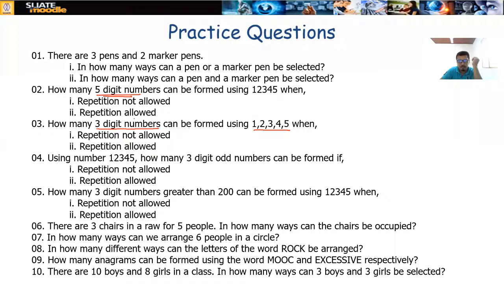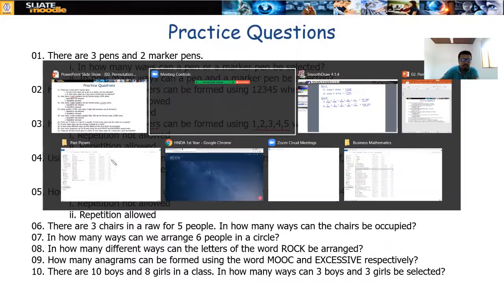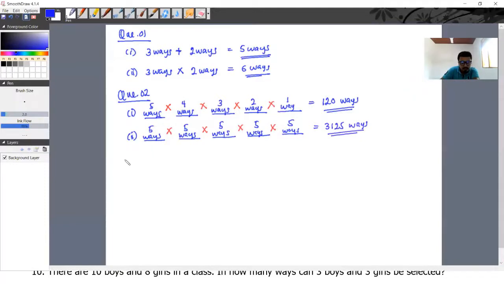So if the repetition is not allowed, how many ways are there to form these 3-digit numbers? How can we find that? Question number 3: what we need to form? 3-digit numbers.